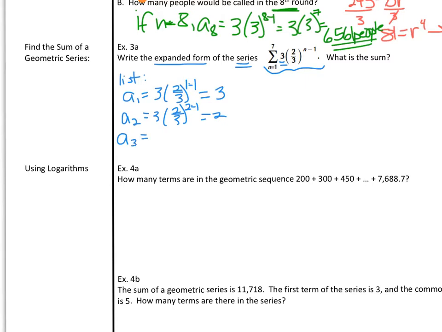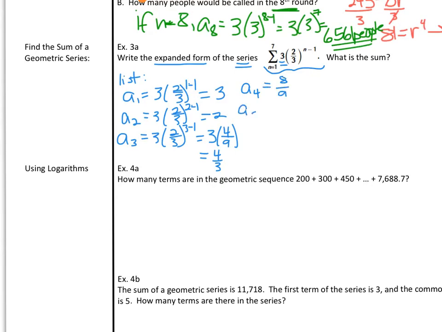A sub 3, same idea. 3 times 2/3 to the 3 minus 1 would be 3 times 2/3 squared, which is 4/9, which would equal 4/3 when we multiply them together. If we continue on, and I'm running out of space, so I'm just going to tell you what those answers would be. If we kept plugging in n, a sub 4 would be 8/9.